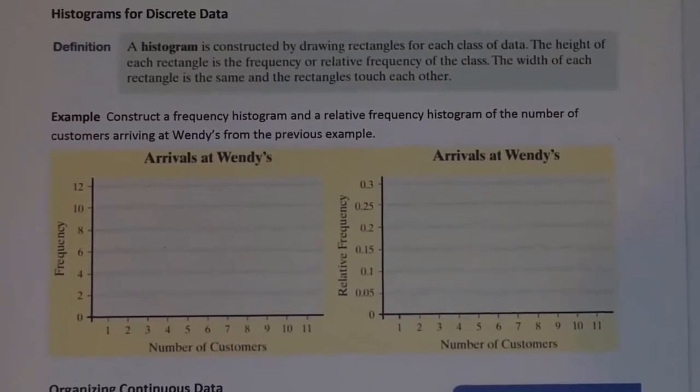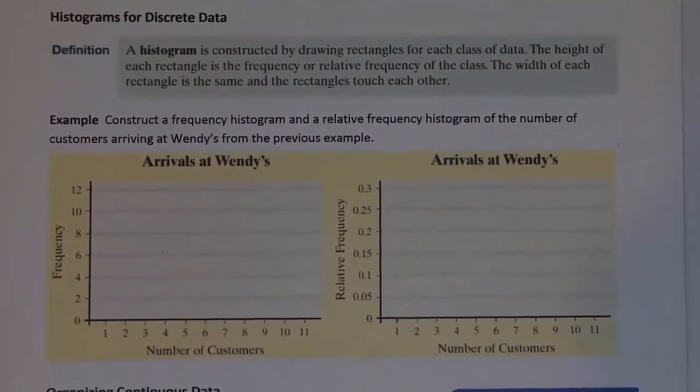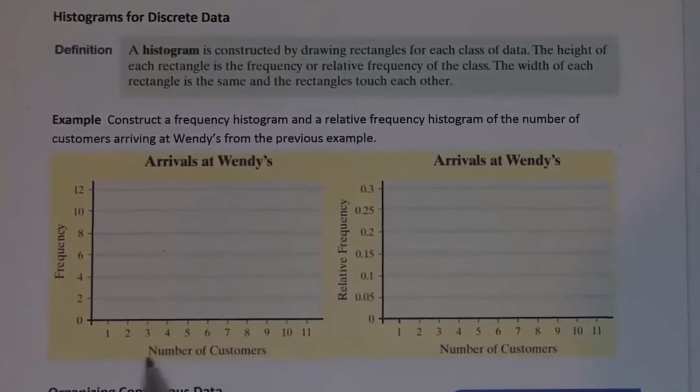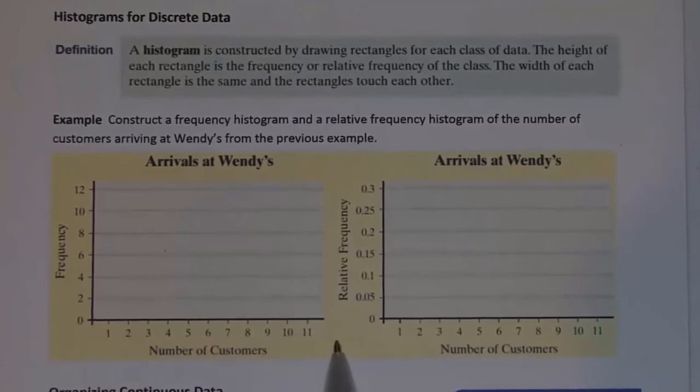Now, when we create graphs of quantitative data, we don't create bar graphs. Instead, we create what are called histograms. Now, a histogram looks like a bar graph, but the difference is that we have a meaningful scale on the horizontal axis that we don't have when we have qualitative data. So the qualitative data doesn't really have a scale on the horizontal axis, but quantitative data does.